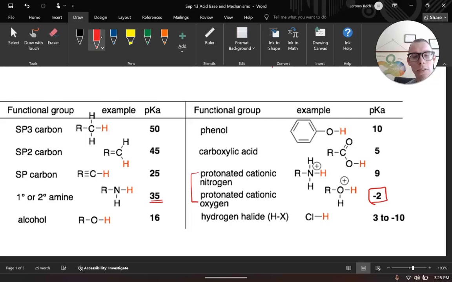So by putting a positive charge, you lower that a ton, but you only lower it down to 9. And 9 is not going to overcome the power of your carboxylic acid being around 5. So a protonated nitrogen is actually going to be less acidic than a carboxylic acid.